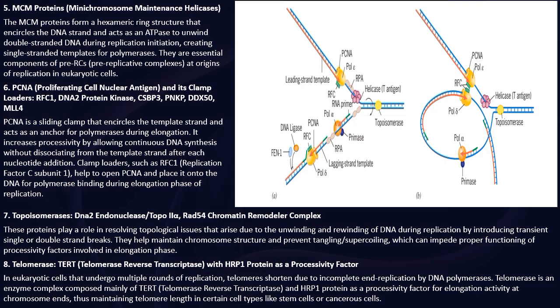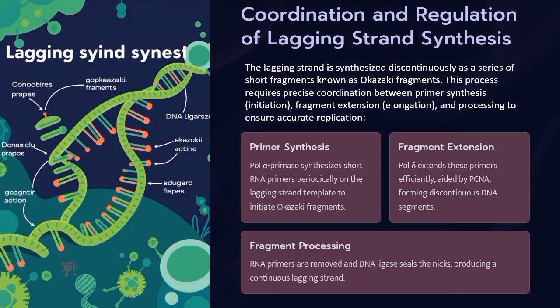Now let's talk about the coordination and regulation of lagging strand synthesis, where the lagging strand is synthesized discontinuously as a series of short fragments known as Okazaki fragments. The entire process of Okazaki fragment synthesis and maturation can be divided into three portions.